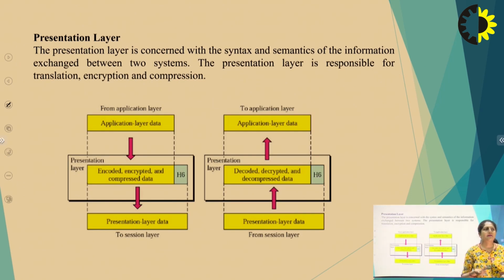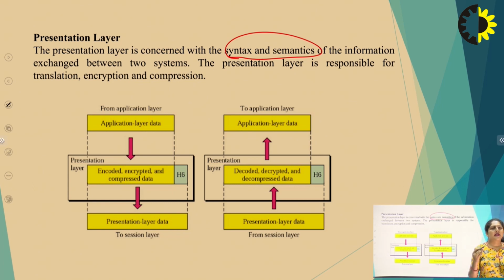Then comes the presentation layer. The presentation layer is concerned with the syntax and semantics of the information exchanged between two systems. The key responsibilities of the presentation layer are translation, encryption, and compression.